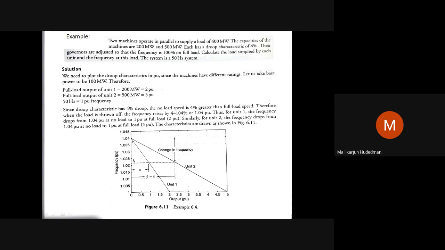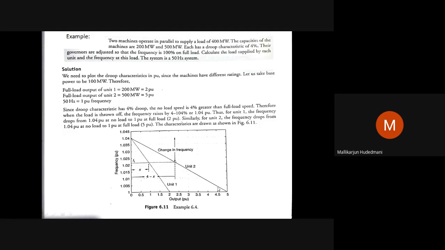This dot is for the first machine at 2 PU; you join this to the x-axis here. This is the first curve you can develop. 2 PU, 1.04 PU frequency. Then the second machine is 5 PU, 1.04 frequency. Draw another wider line to 5.